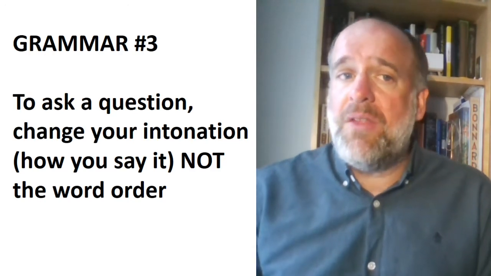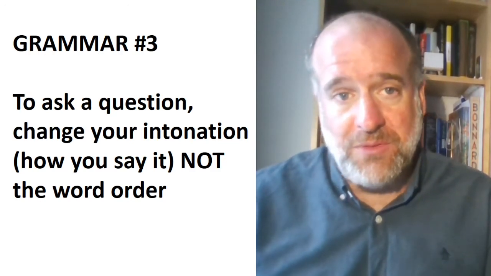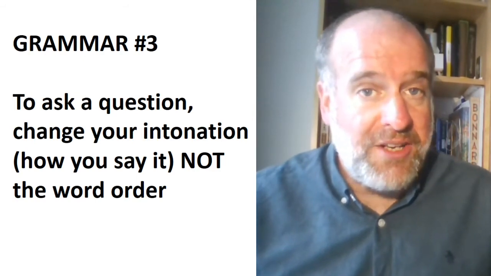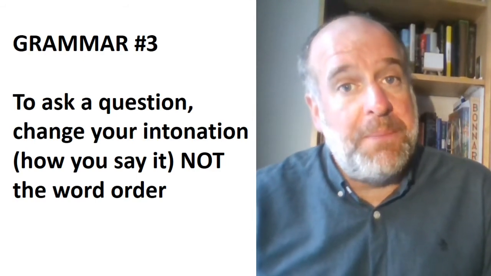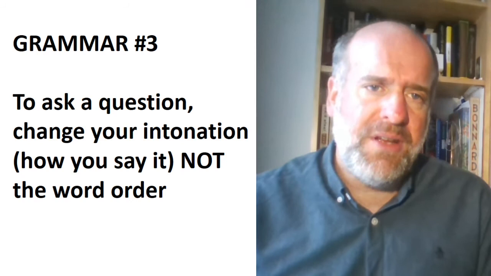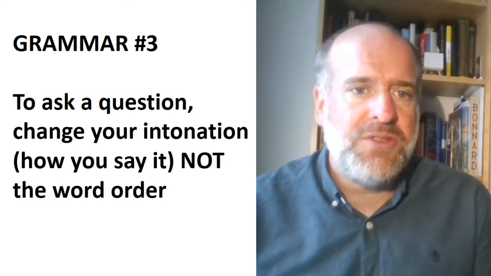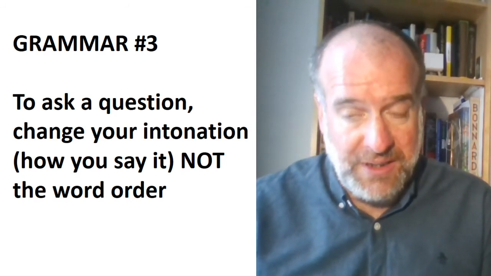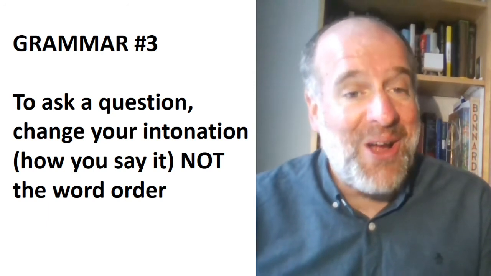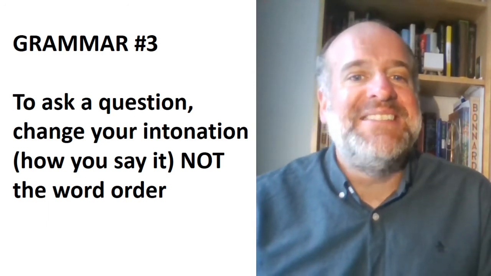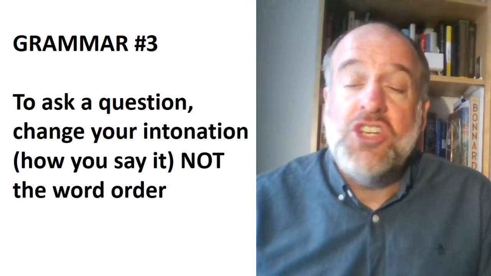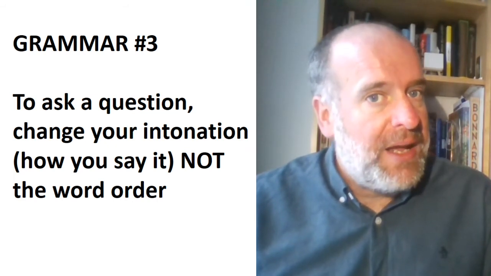So here's our third Russian grammar rule. We already know that there's no a or the in Russian, and there's no verb to be in the present tense. Our third grammar rule is how to ask a question, an interrogative statement. In Russian, you don't change the word order.